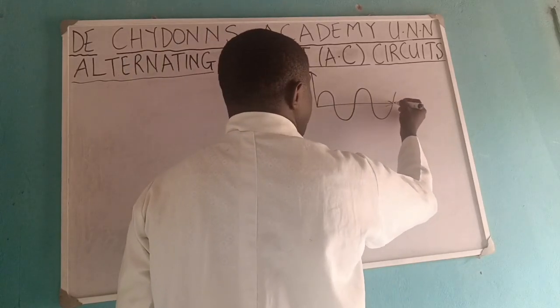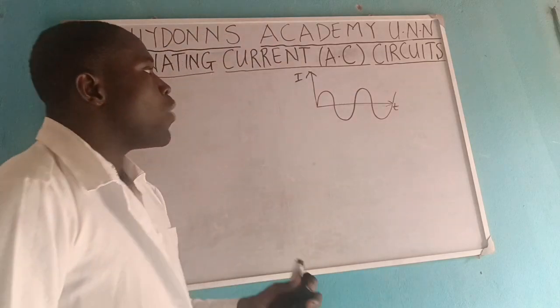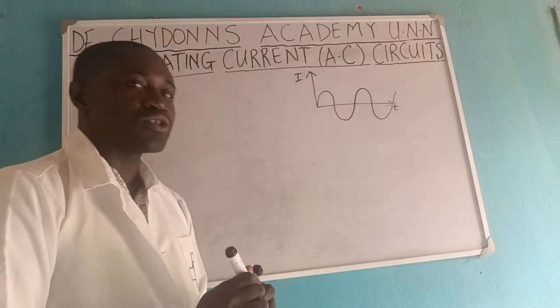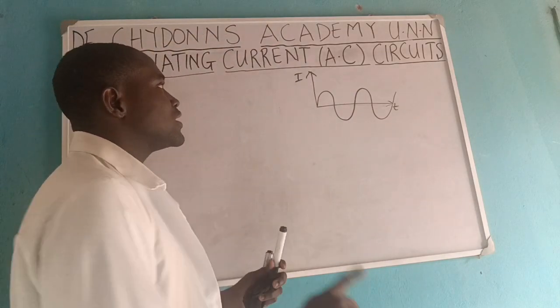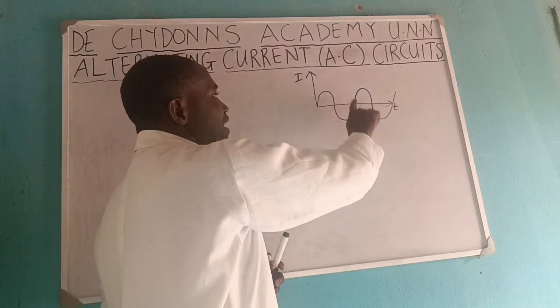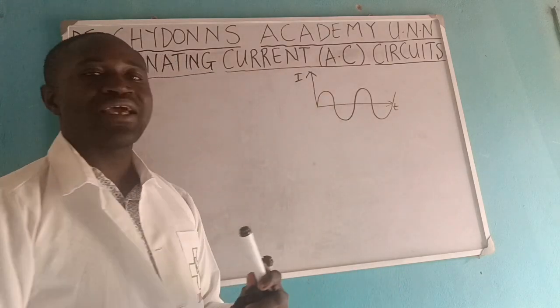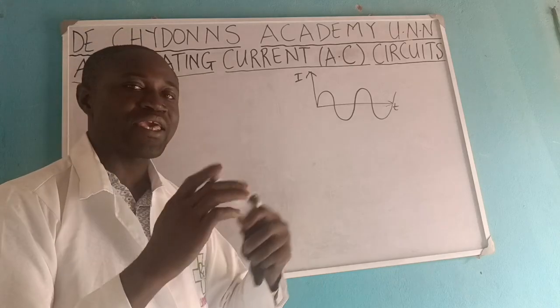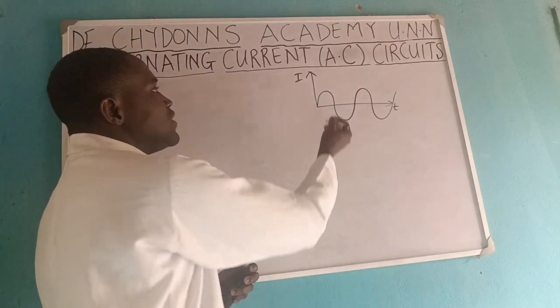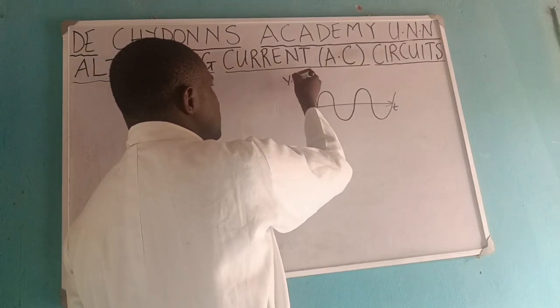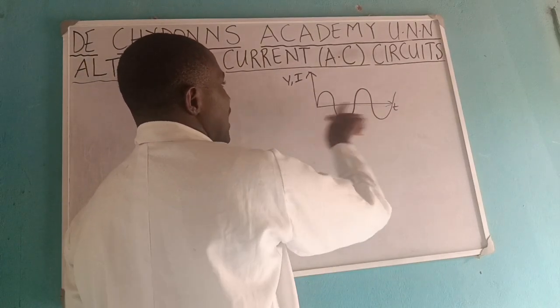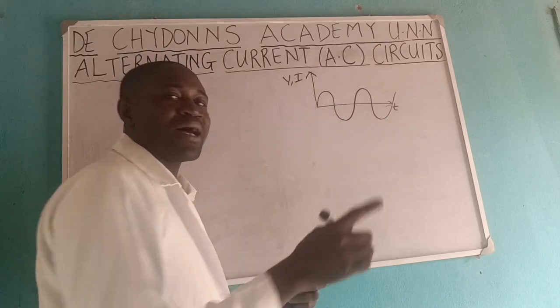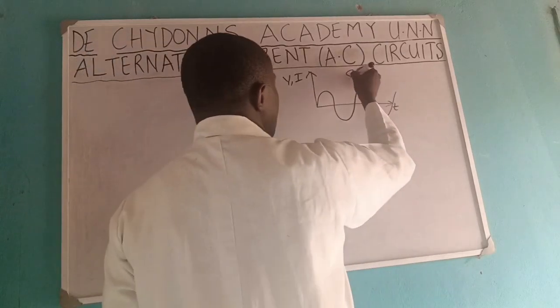This is with respect to time. When the direction or the pattern of flow of a current moves in a reversible pattern, we'll say it's an alternating current circuit. When you have this, or even the graph of voltage against time, it moves in a sinusoidal pattern. Look at what we call sinusoidal.